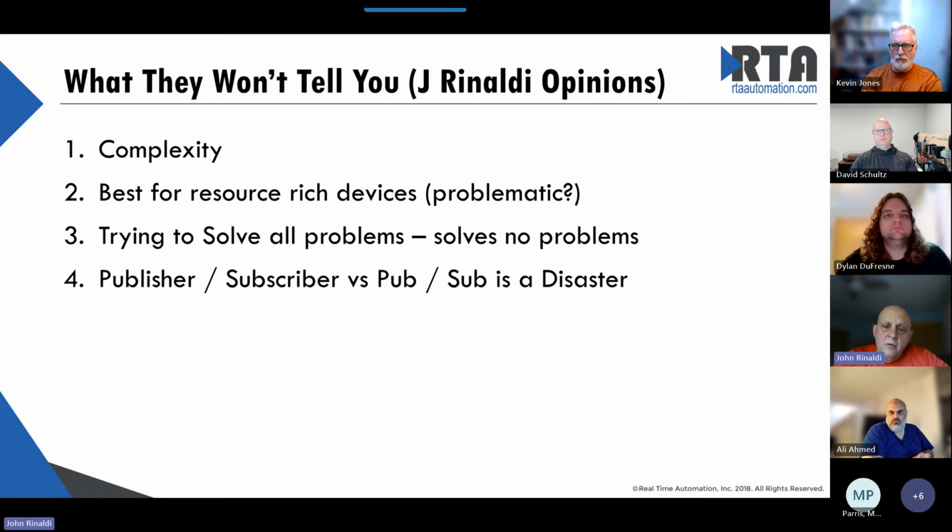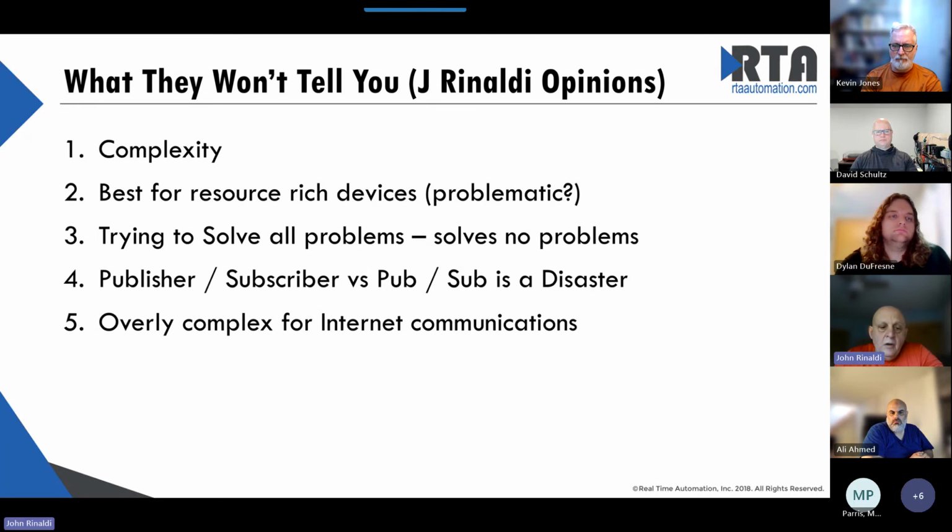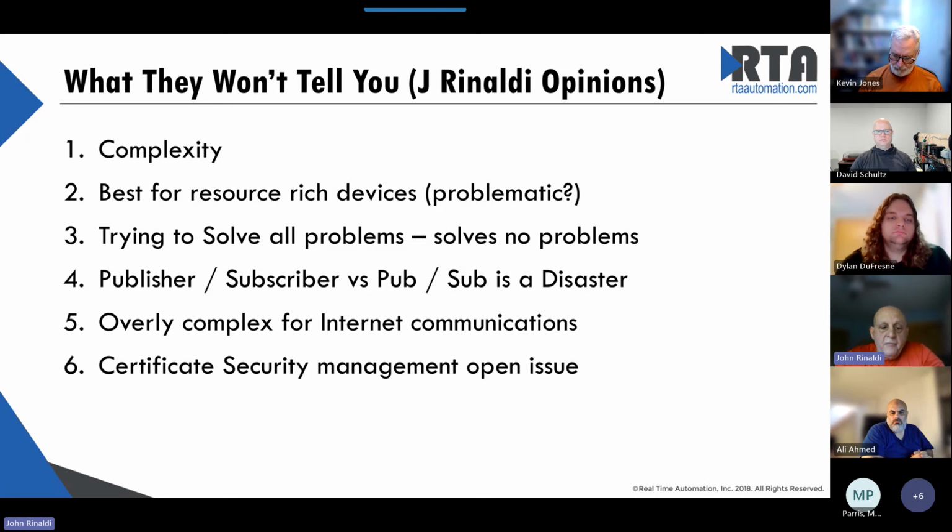One of our engineers was on the team that was working with PubSub, and his comment to me was it's all IT people that really don't understand manufacturing. Yeah, it's overly complex. How you manage certificates on the factory floors, I still don't have a good understanding of how people want to do that. So that's a problem too.